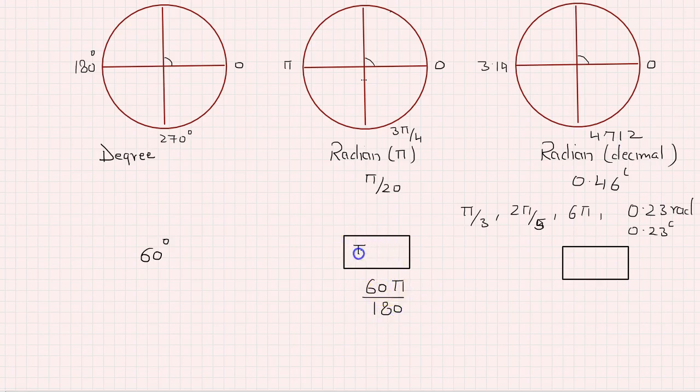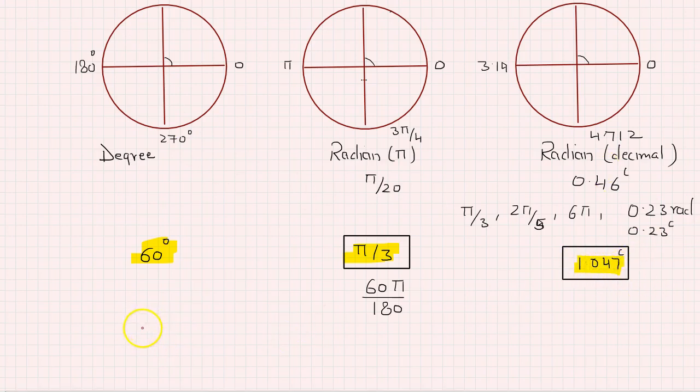So this is pi over 3. And if I have to convert it into decimal, it is 1.047. So now you can see that 60 degree can be converted into radian in terms of pi and in terms of decimal also.